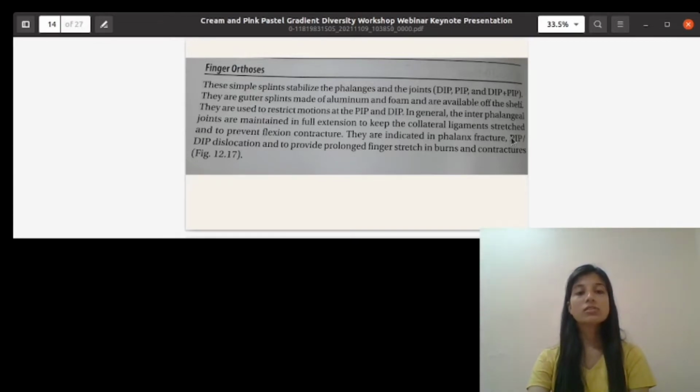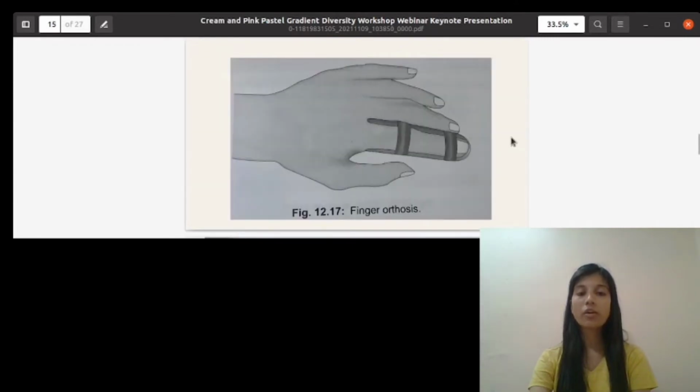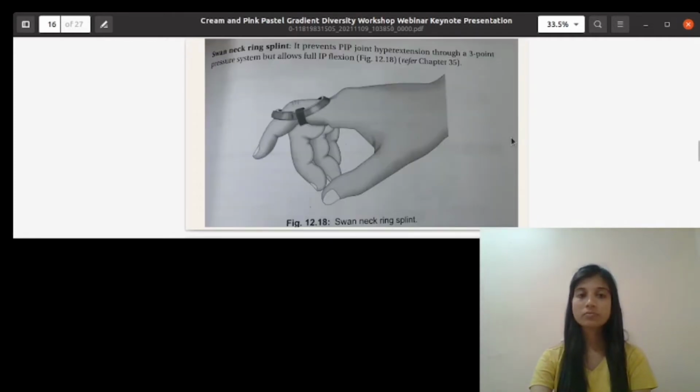They are used to restrict motion at the PIP and the DIP. In general, the interphalangeal joints are maintained in full extension to keep the collateral ligament stretched and to prevent flexion contracture. They are indicated in phalanx fracture, PIP and DIP dislocations, and to provide prolonged finger stretch in burns and contractures. This diagram shows the finger orthosis.